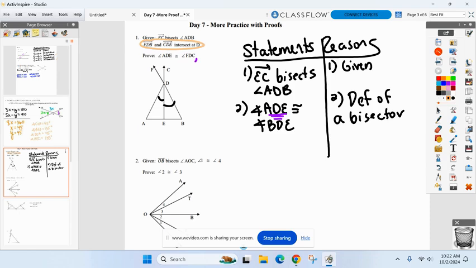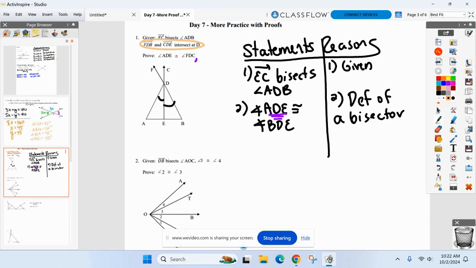So maybe now you want to introduce FDC into the proof. Is there anything you can tell me about angle FDC in that diagram? Because I probably want to mention that. Tess, what do you say? FDC is congruent to EDB. Yeah, that's why I gave you the intersecting lines.